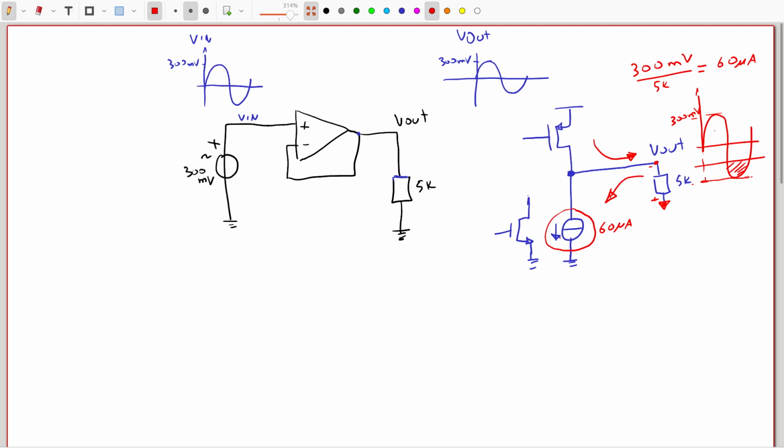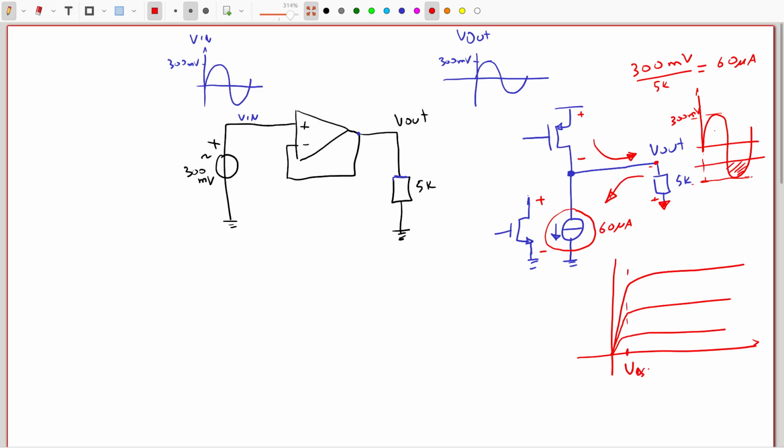The other issue is that I have to make sure that the VDS of the output transistors, in this case these voltages here, are larger than the voltage swing. That is because, as we remember from the lecture on devices, the transistors need to work in the saturation region, and if they are in weak inversion, that means that VDS has to be somewhat larger than 4 times the thermal voltage, so this is around 100 millivolts.